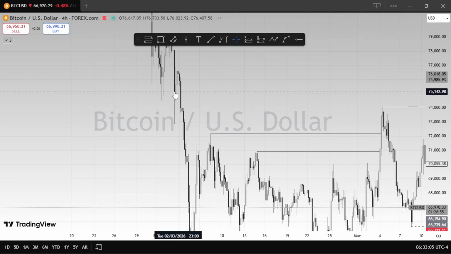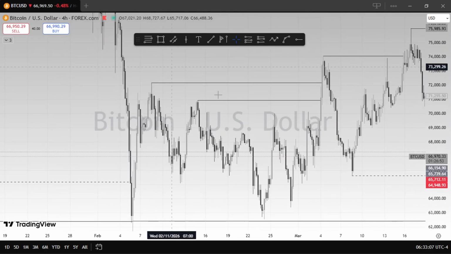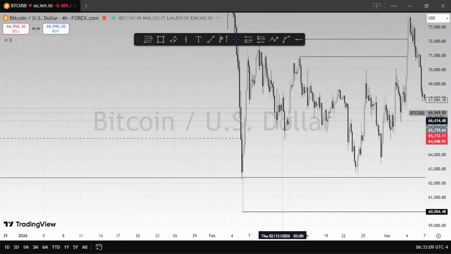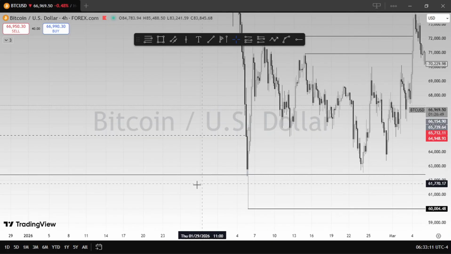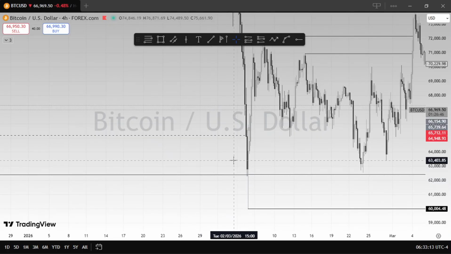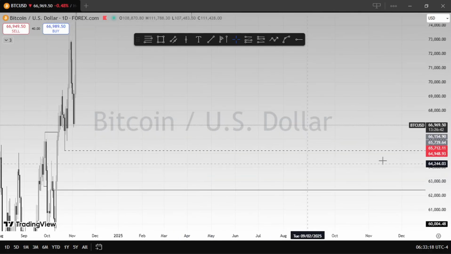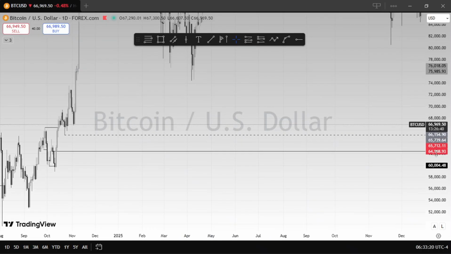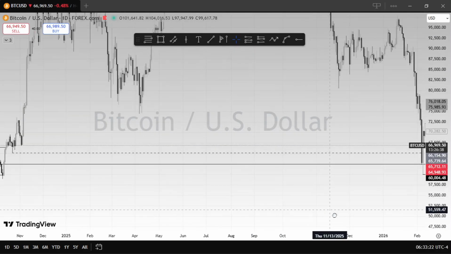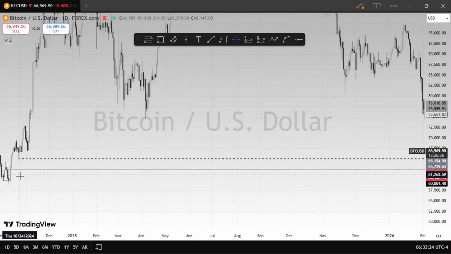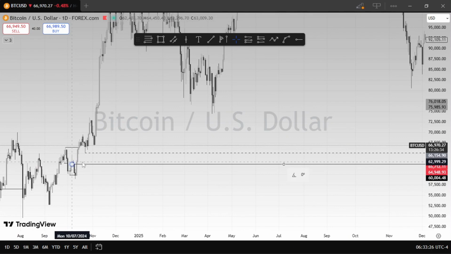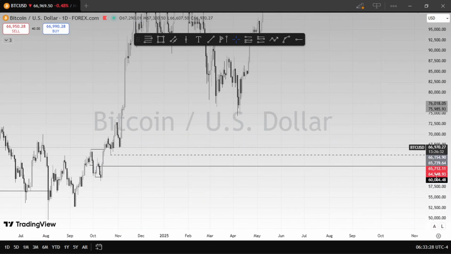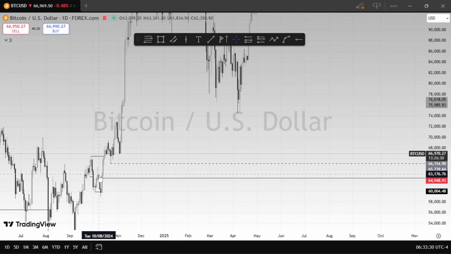Price has been very bearish on Bitcoin, but right here, price tapped into a very old breaker block on the 59k level. In relative terms, this was the first break of structure.